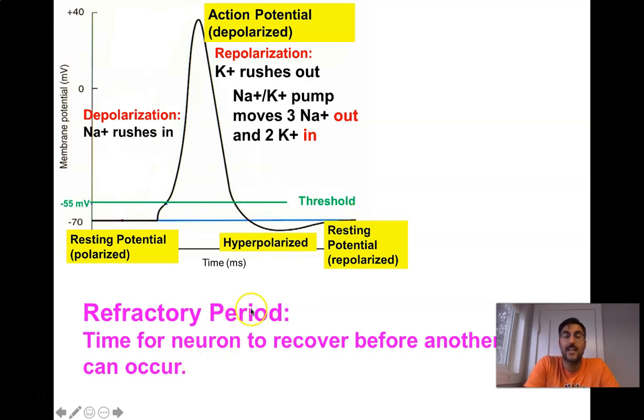And this is the time it takes for a neuron to recover before another action potential can occur. So that's going to happen the entire time between the depolarization and the time that repolarization has happened so that you can start all over again. This is the refractory period. It's the resting period.